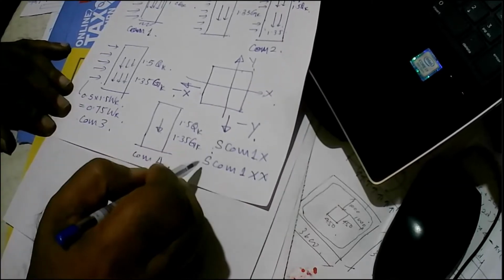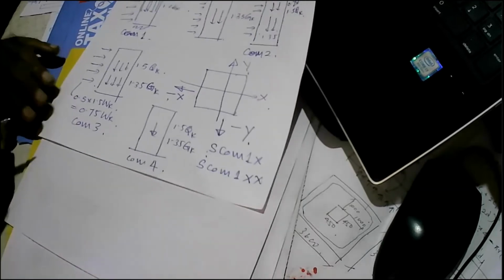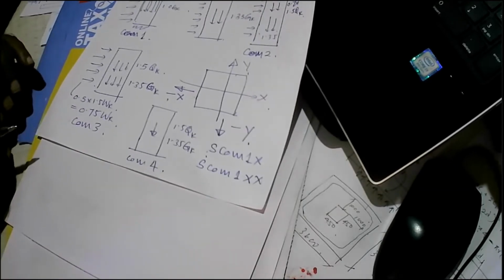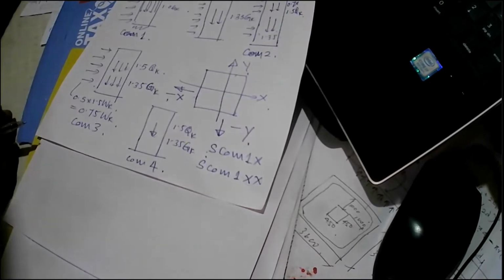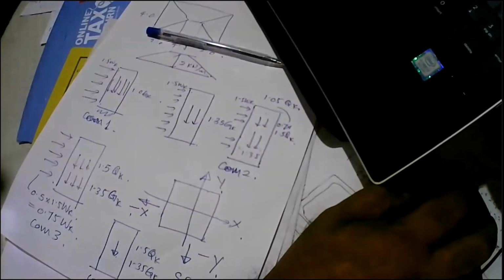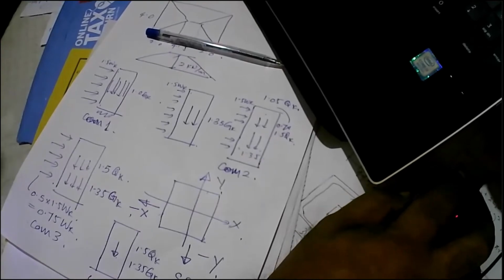And if you don't have any S, it's the ultimate combination. So this way we can create a number of load combinations. I will not create all the combinations, but I will create only one or two just to show you how it's done.